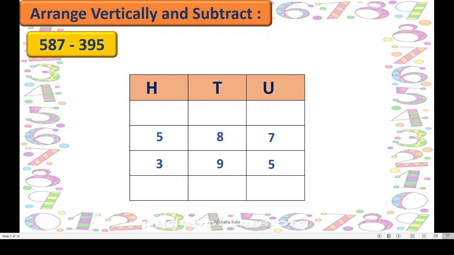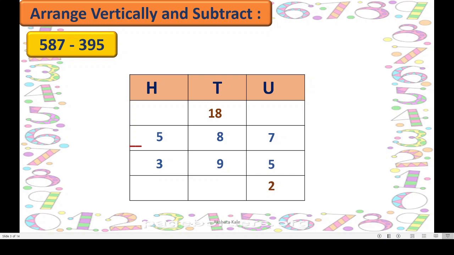5 we will write in unit place. You know why we write all this like this? Right? Now minus sign we will put. Now we will begin our subtraction. In the unit place 7 minus 5, that is 2. In the tens place 8 minus 9. Here 8 borrows from 5.